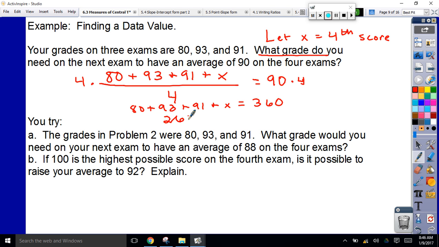So I have 264 plus x equals 360. Subtracting 264 from both sides gives me x equals 88. No, I'm sorry, it gives me x equals 96. I thought that was a little low. 96.